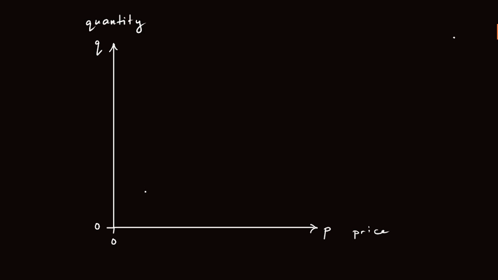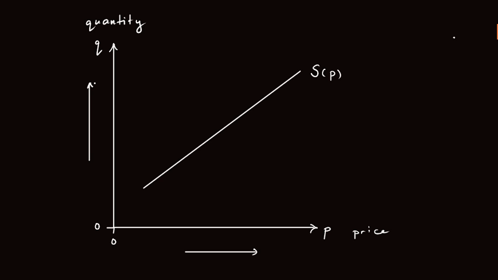So a supply curve looks like this. The graph of the supply function usually looks something like this. Okay, so this would be the graph of, say, S of P. As the price goes up, the quantity supplied by the manufacturers also goes up. So that would be a supply curve.